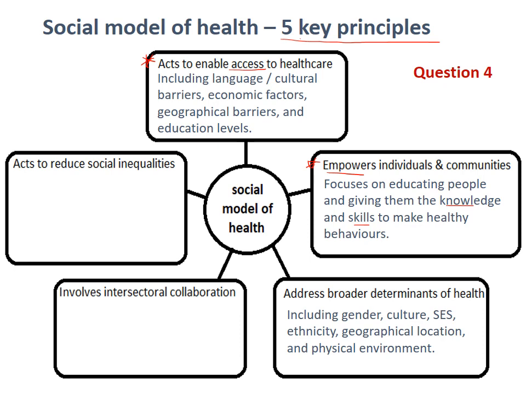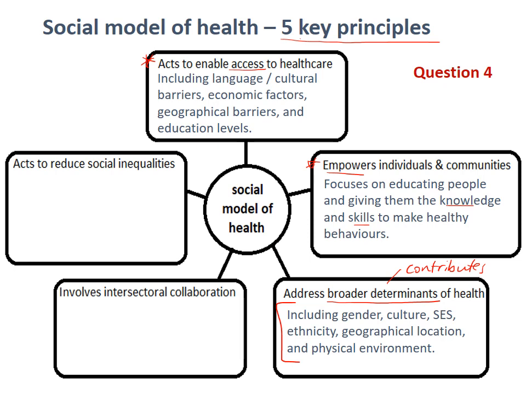The social model of health addresses the broader determinants of health. Now, I know that term seems like a bit of a mouthful, but if you think about it, a determinant is basically something that determines something, or I guess you could say that contributes to something. And all of these we have looked at.